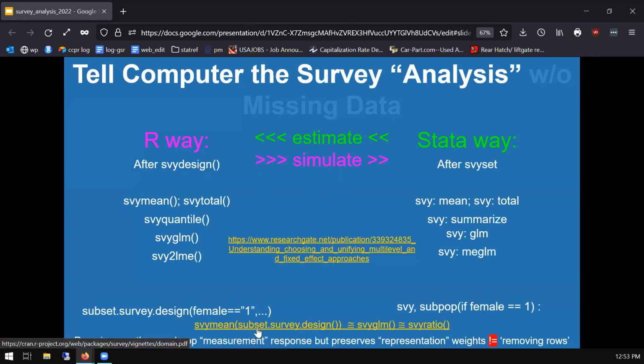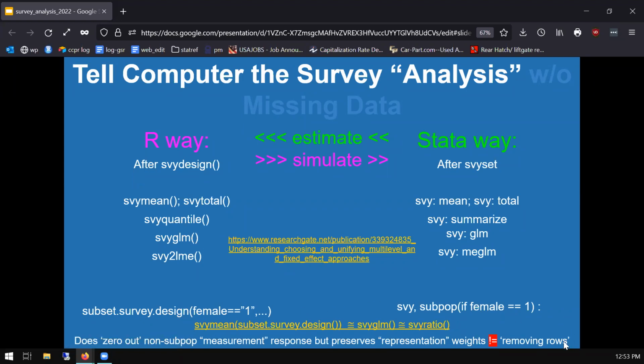One point Andy brought up is this thing on the bottom. So you might be interested in subpopulations. You might be interested in gender differences, females in one subpopulation and males in the other. The way to do that in Stata is this one command, subpop. In R, it's subset. Here's a link to read the details behind the scene.